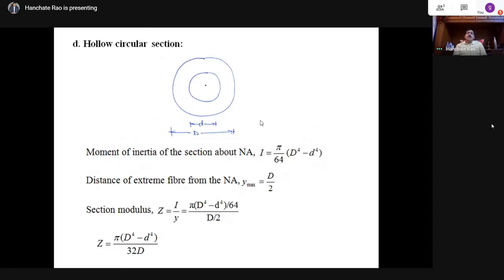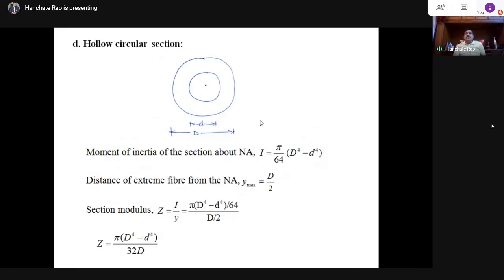And in this case, what is the extreme fiber distance from the neutral axis now? It is naturally capital D by 2. The extreme fiber means the farthest fiber from the neutral axis, the fiber which is totally away from it. So the farthest fiber is at a distance of D by 2 from the neutral axis, whether at the top or at the bottom.